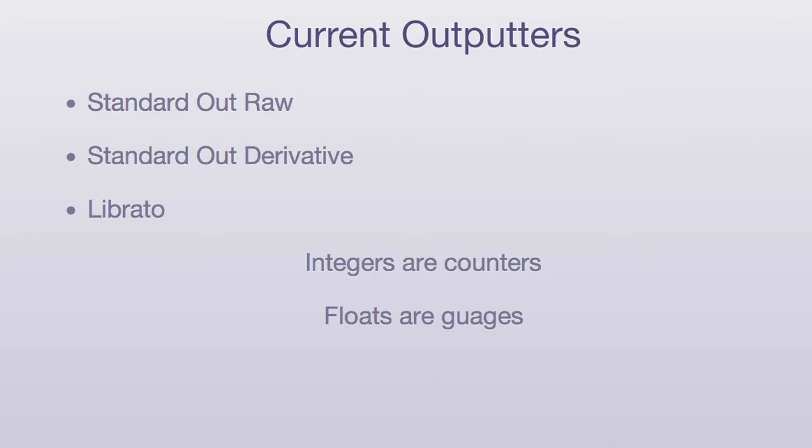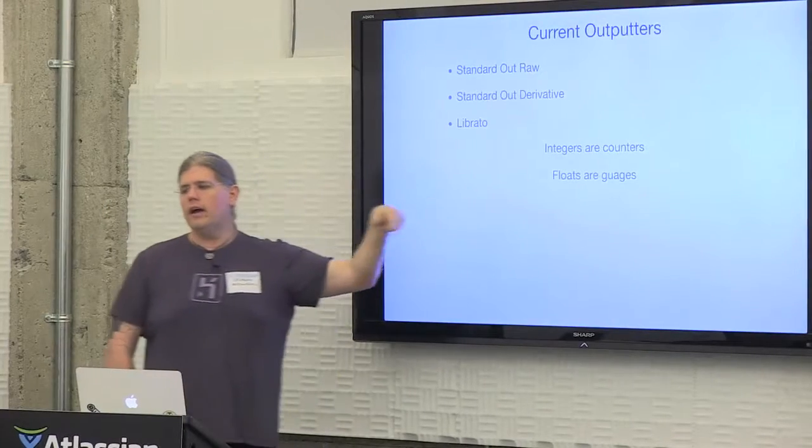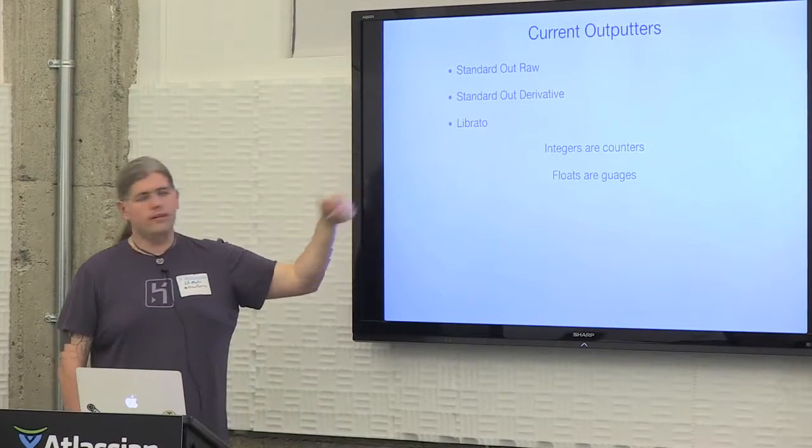It'll write out the derivative for them, i.e. the time and the change during that period. And Librato, there's a direct to Librato one. So integers are counters, floats are gauges. If you use the Librato outputter, it does the same thing. It submits anything that's an integer as a counter, anything that's a float as a gauge.